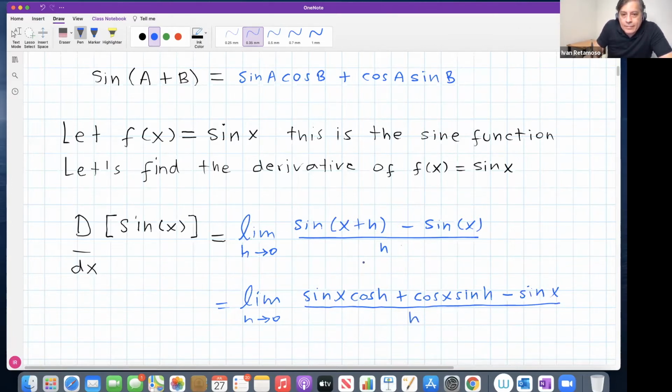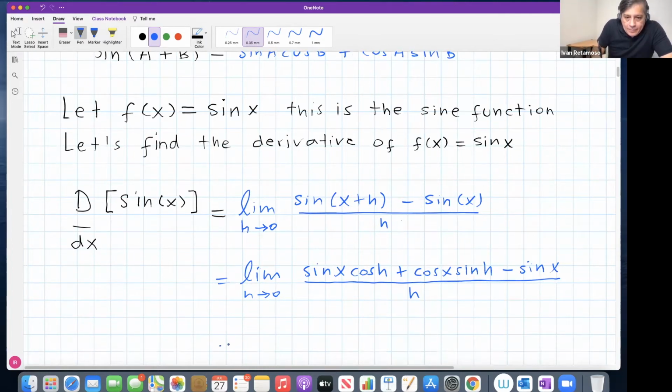So this is just the expansion using this formula, where x plays the role of A and h plays the role of B.